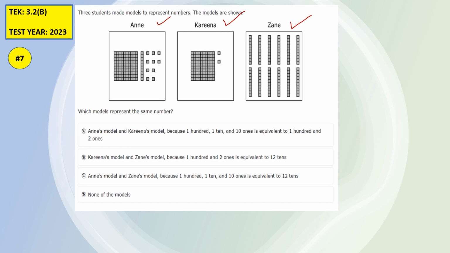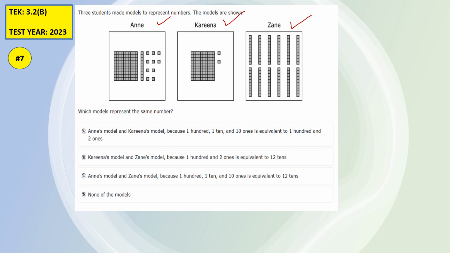Answer choice A says Anne's model and Karina's model because 100, 10, and 10 ones is equivalent, which means equal, to 100 and 2 ones. Answer choice B says Karina's model and Zane's model because 100 and 2 ones is equivalent or the same to 12 tens.